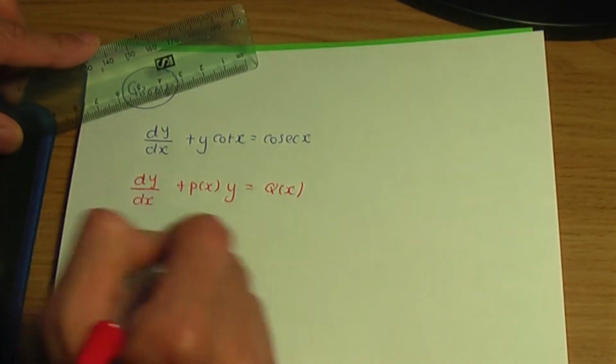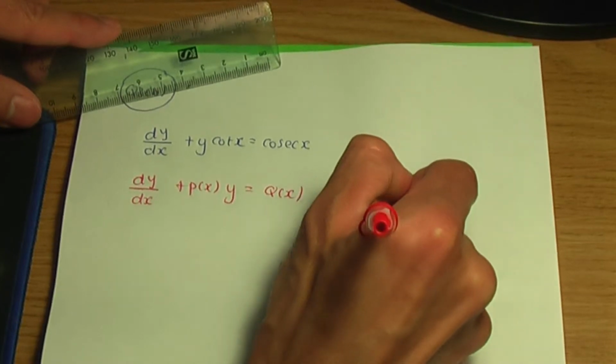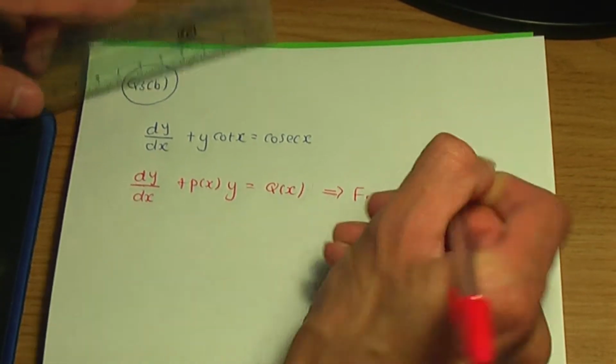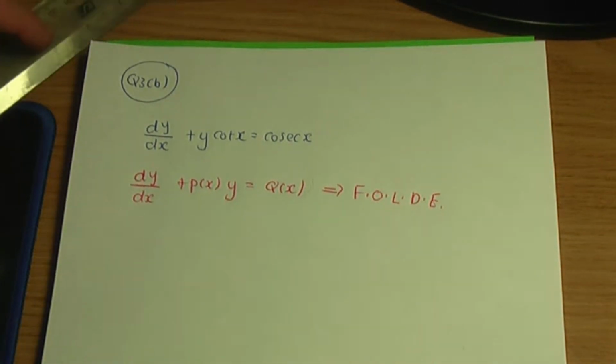So if you have an equation of this type, you have a first order linear differential equation. FOLDE stands for first order linear differential equation.